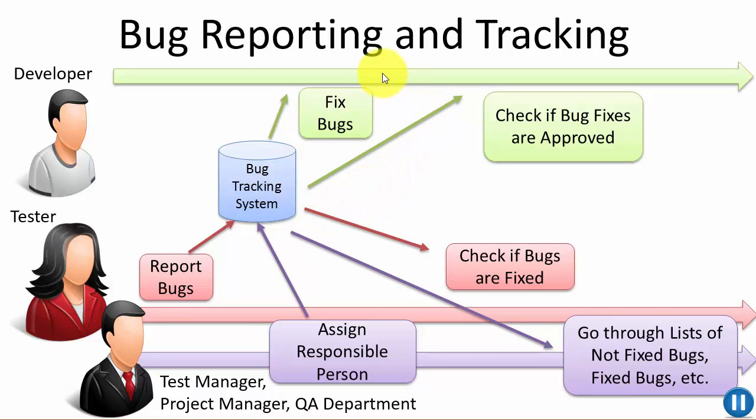When the bugs are fixed, he needs to update the status in the bug tracking system, and then the tester can get a new list with bugs that are fixed by the developer, and he needs to go through that list to check if the bugs are actually fixed. If they are not fixed, they need to be put back in the bug tracking system, and then the developer can check if the bug fixes are approved by the tester or the test manager. So that's how the different roles use a bug reporting and tracking system.